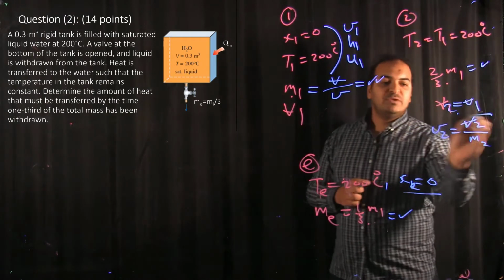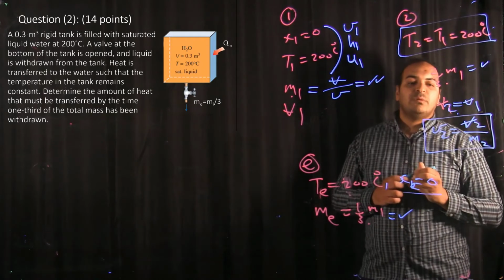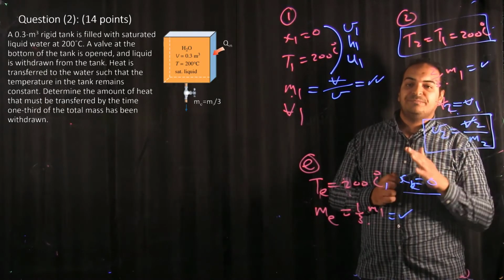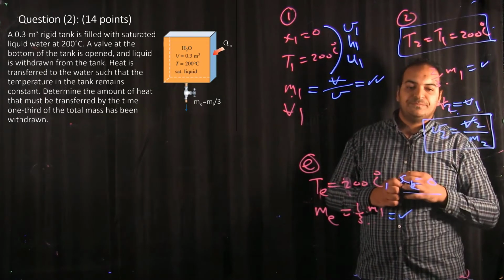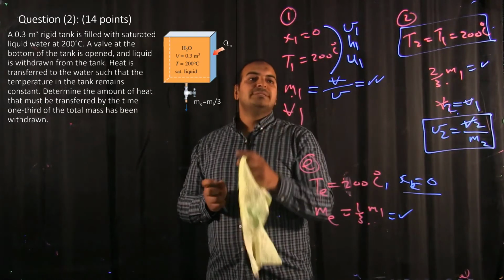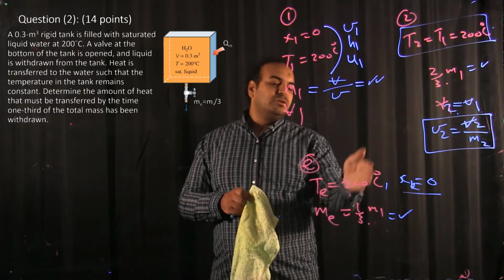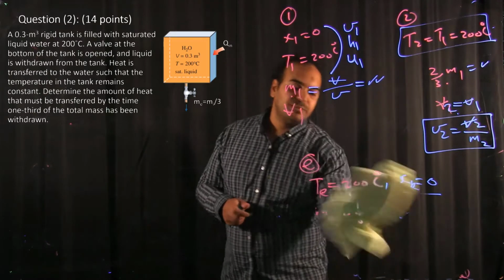That's so simple. Get V2, and you have T2, you can get everything, which was probably a saturated mixture. Let's see the table. So remember, state 1 saturated liquid, x equals 0.